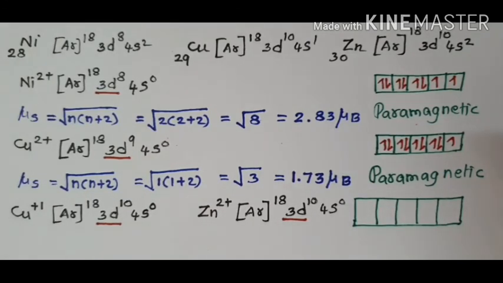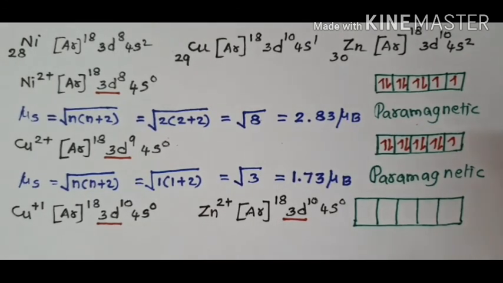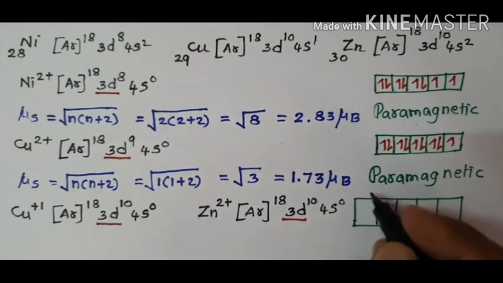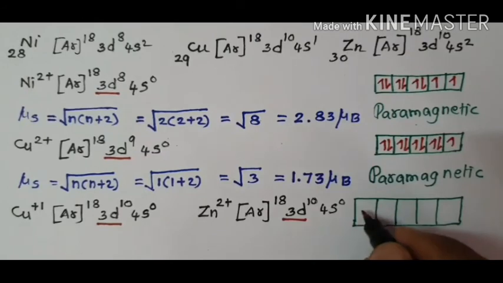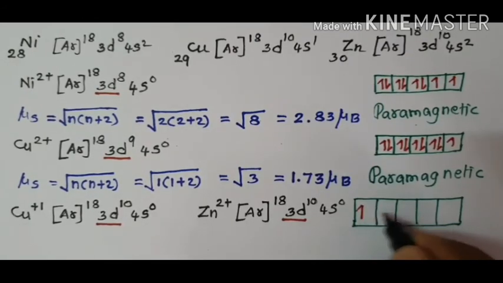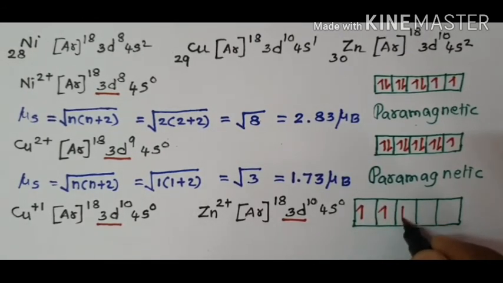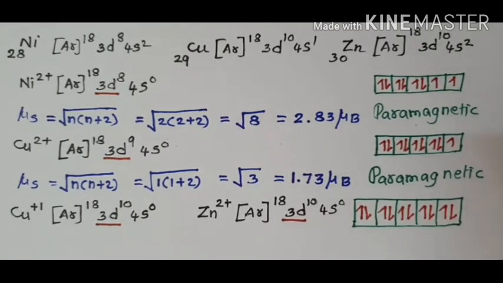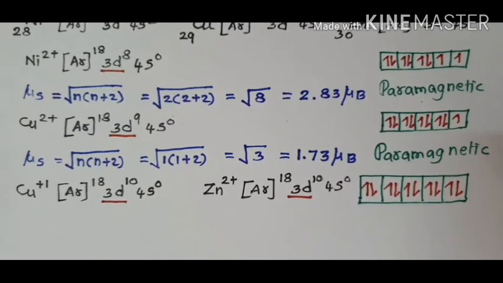According to Hund's rule, no pairing takes place until all the available orbitals contain one electron each. 1, 2, 3, 4, 5. We have 10 electrons. 6, 7, 8, 9, 10. So all the 10 electrons are filled.